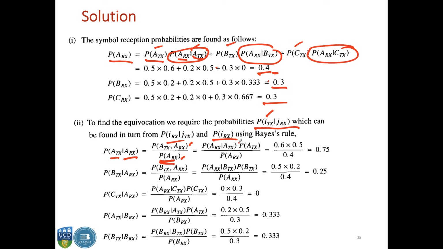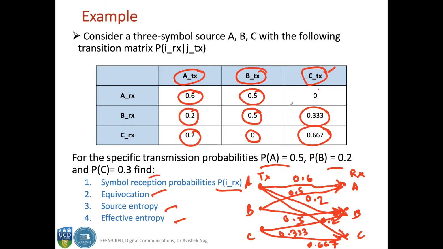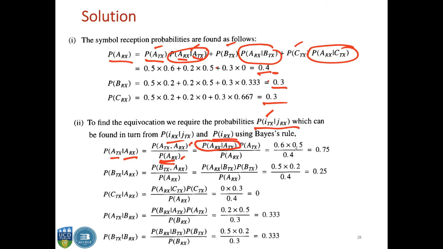This part is given in the transition probability matrix. So you can pick those values from here and calculate all these values by applying Bayes rule and all the transition probabilities.